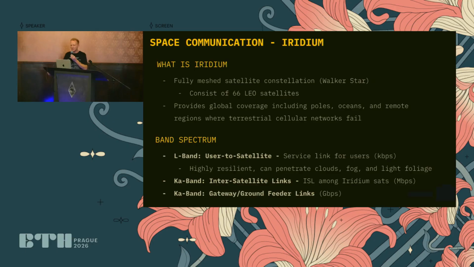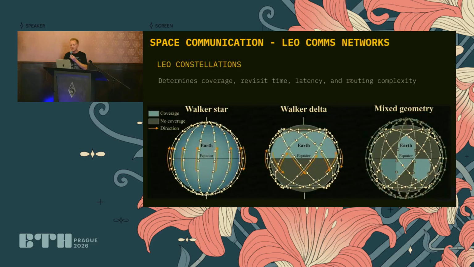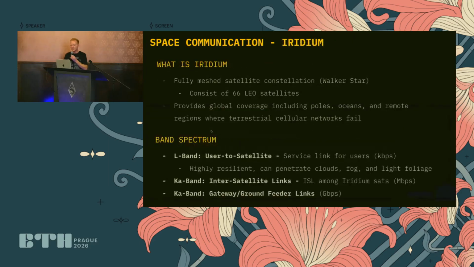And as I mentioned before, they use the Walker-Star constellation, which is this one. They have good coverage of the entire globe, and they can operate in places where terrestrial networks can't.